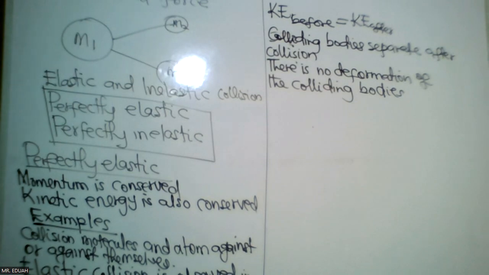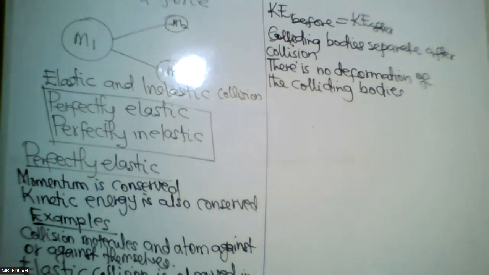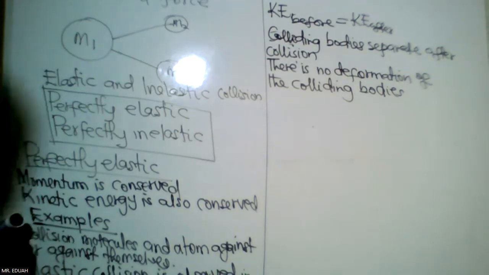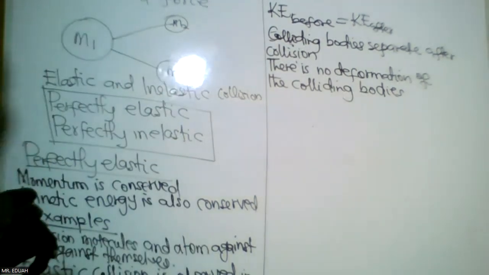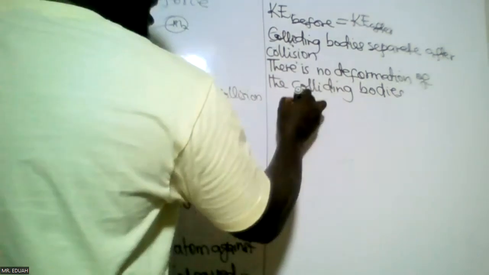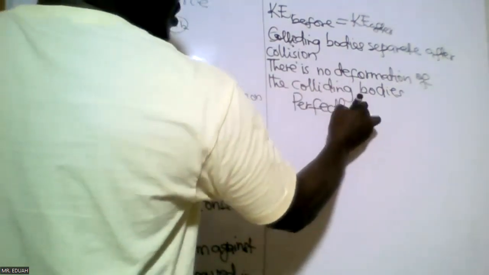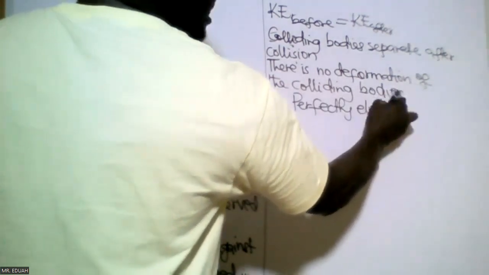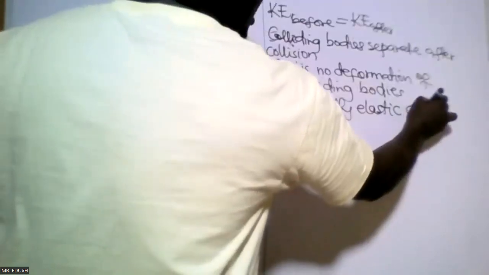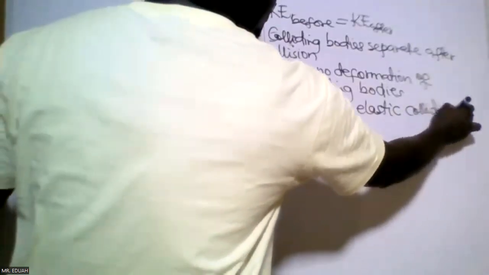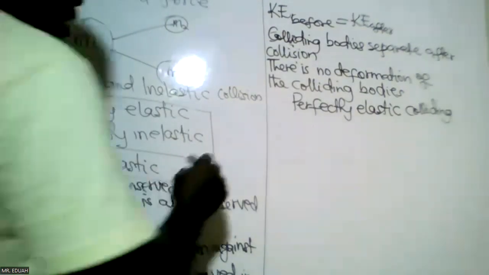Okay. Mathematically, how do you express perfectly elastic collision? I earlier said that momentum and kinetic energy are conserved. So if you are writing a mathematical expression for a perfectly elastic collision, you have to write an equation for conservation of momentum and write an equation for conservation of kinetic energy.